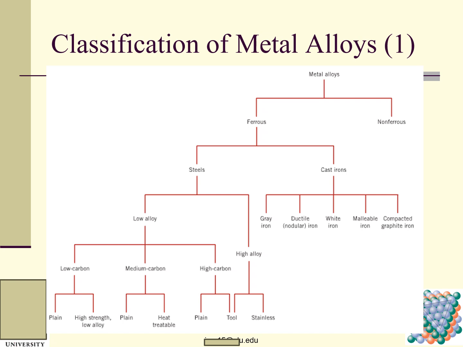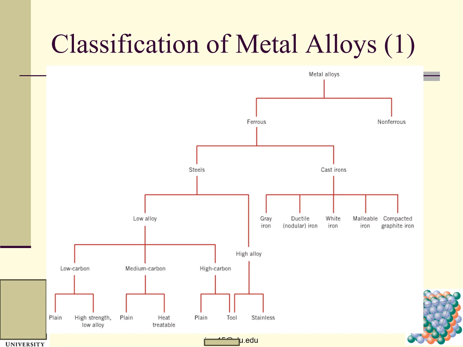They serve as a tool, so it needs to be very hard. Another branch is high alloy. In high alloy, we have the tool steel and the stainless steel. We are very familiar with stainless steel because we use it to make the utensils that we eat meals with. This is one branch, the steel branch, and another branch is cast iron.